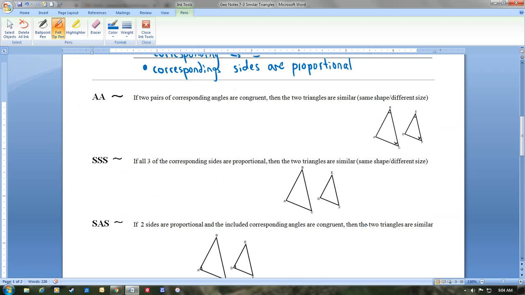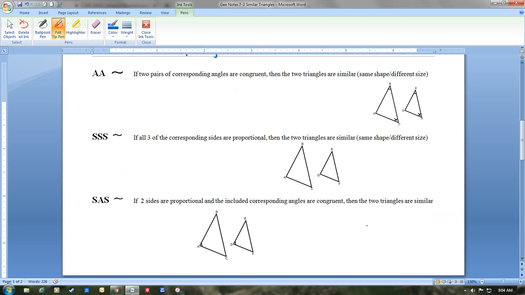So if you are given 2 sets of corresponding angles are congruent, then by angle, angle similarity, the 2 triangles are similar. You can also conclude that by triangle angle sum theorem, the 3rd set of angles are also congruent. So you can either say angle angle similarity or angle angle angle similarity. Both are correct and both are fine to use when you are given this relationship of at least 2 sets of corresponding angles are congruent.